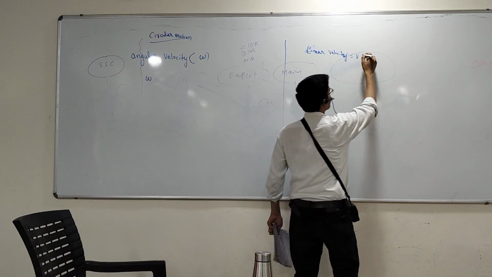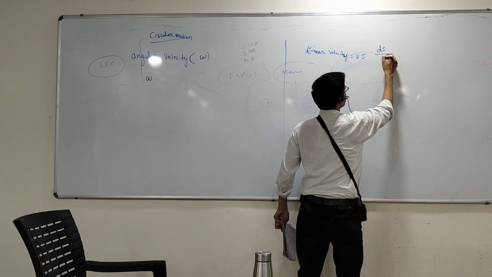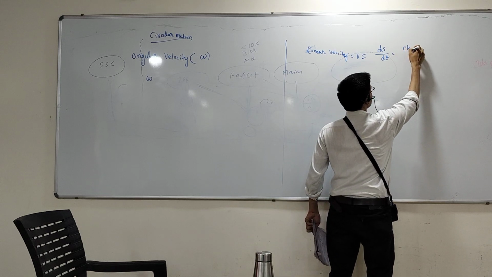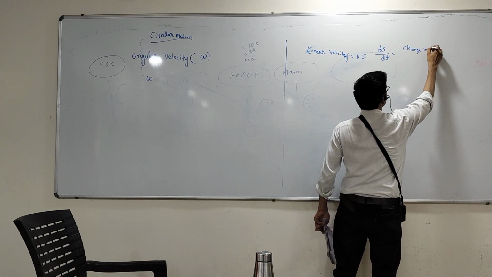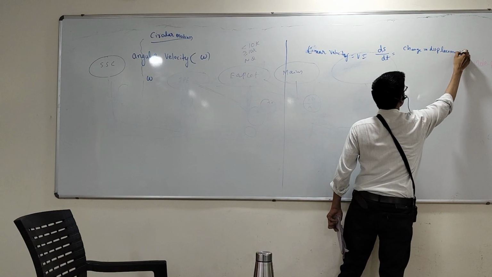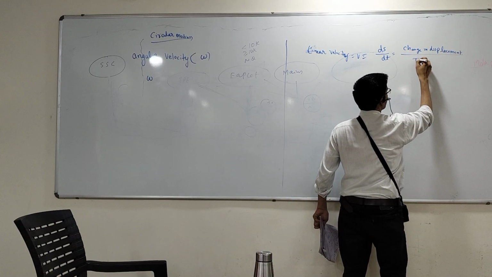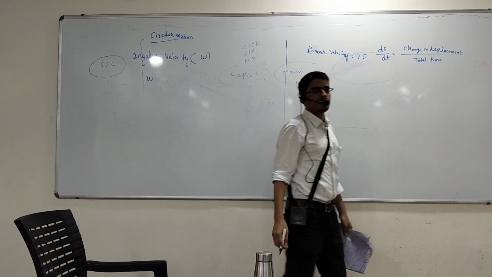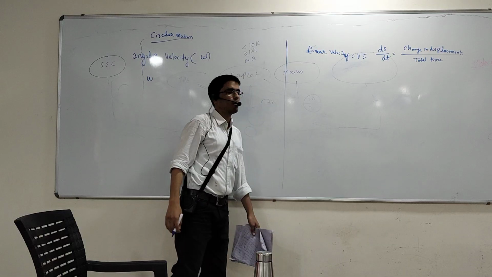I told you v equals ds by dt, and that ds is called change in displacement, upon total time or net time.